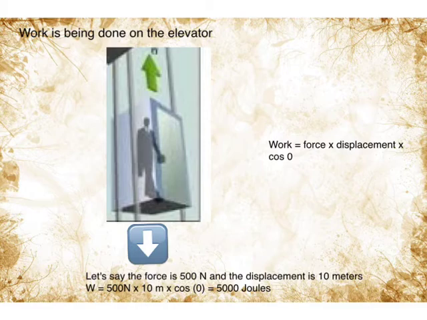So let's say this force here is 500 newtons. And let's say the elevator moved 10 meters. Then the work done would be 500 newtons times 10 meters times the cosine of 0, because the force is parallel to the direction of the movement, and so we would do 5,000 joules of work.